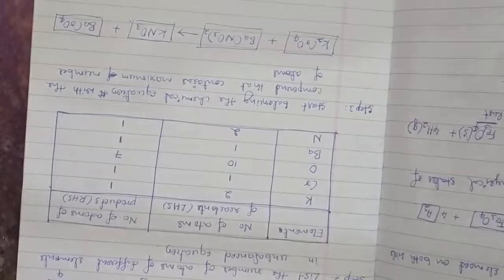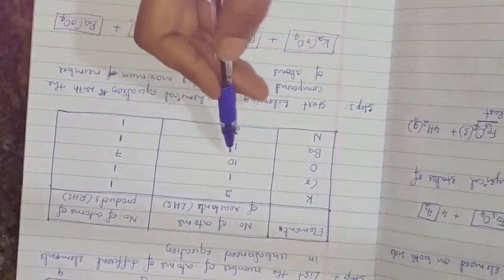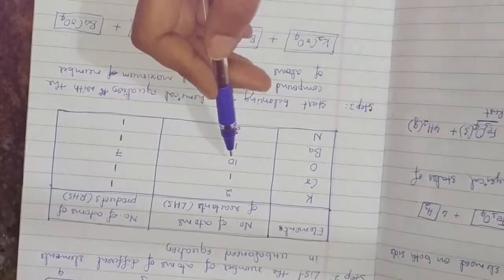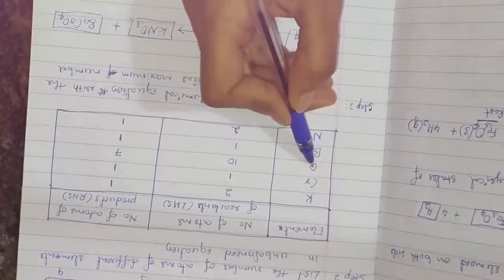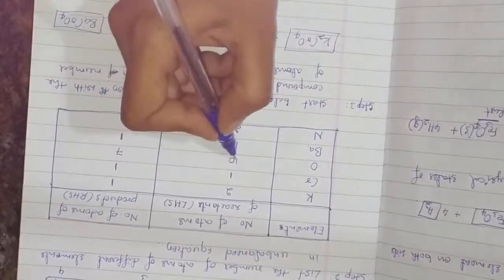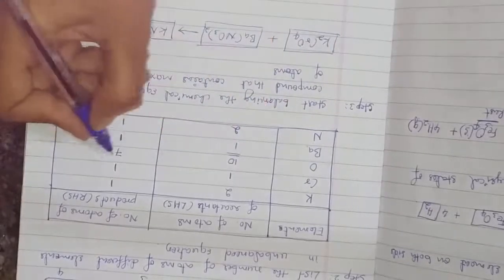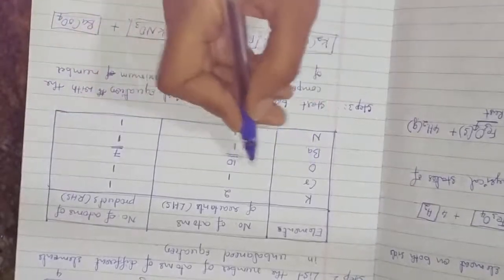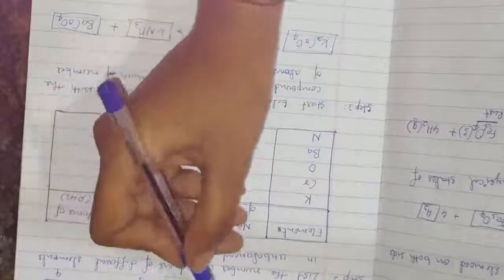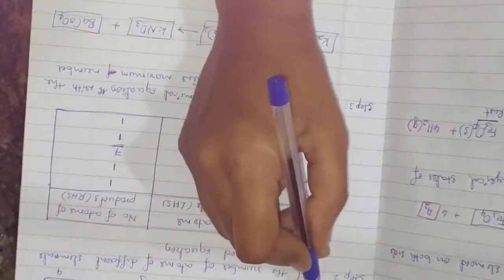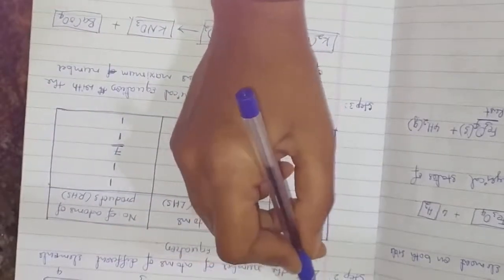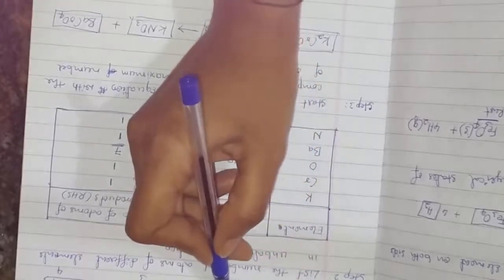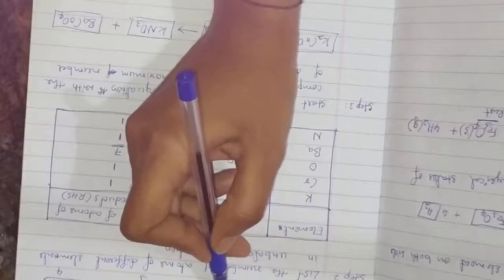Okay, see here in this table, see which element is having the maximum number of atoms. Oxygen is having the maximum number of atoms, that is 10 on the reactant side and 7 on the product side. On the reactant side, oxygen is present in the form of barium nitrate and potassium chromate. In the chromate 4 oxygen atoms are there, but in barium nitrate 6 oxygen atoms are there.